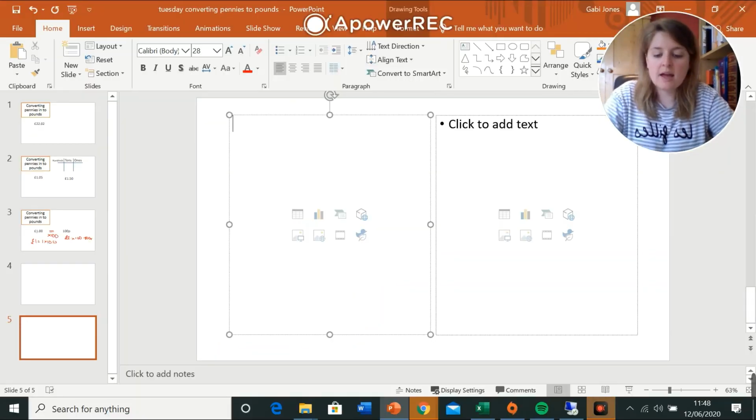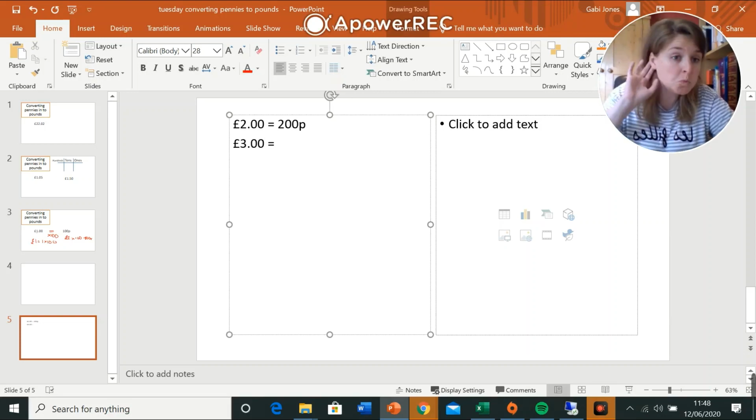I know that £2 is equal to 200 pennies. I know that £3 is equal to, what do you think? 300 pennies. I know that £4 is equal to 400 pennies. See, it's easy.